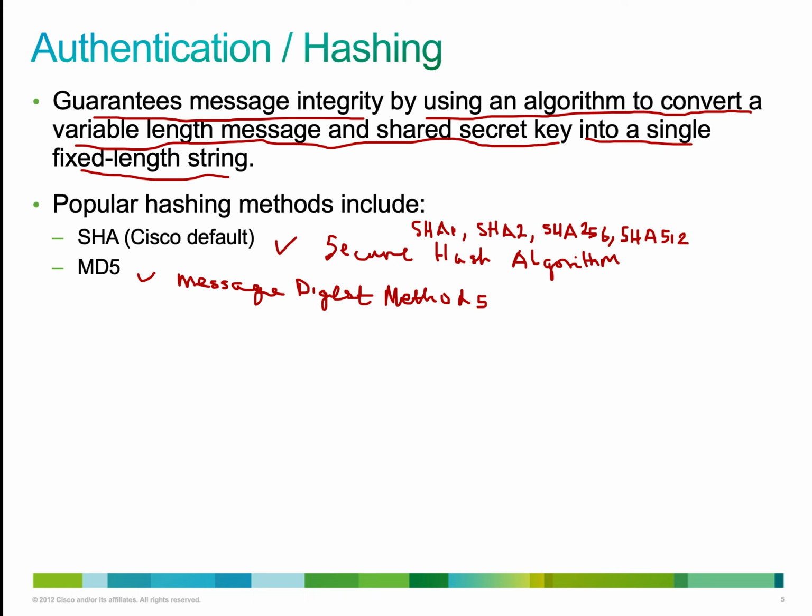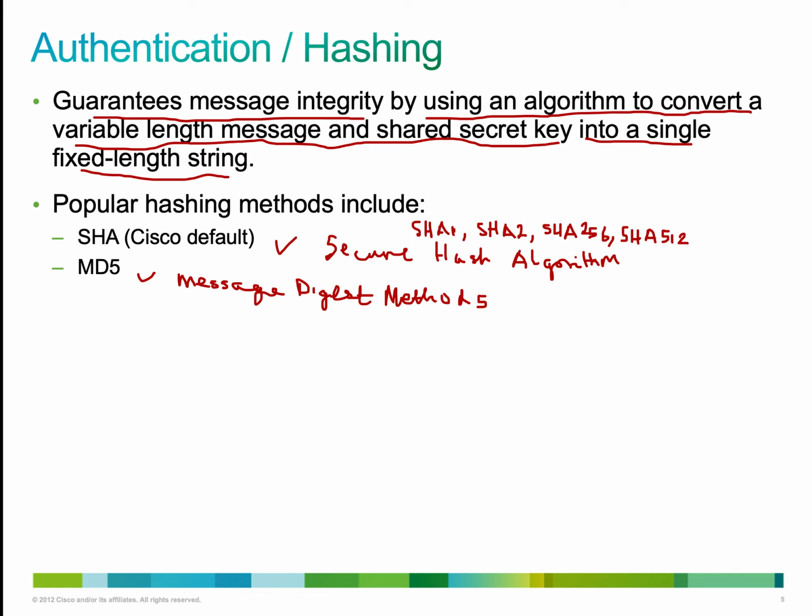Now, another terminology that is commonly used with cryptography or a crypto system is the authentication and hashing concept. The hashing provides the authentication. Hashing, or authentication, as it may be, guarantees message integrity.